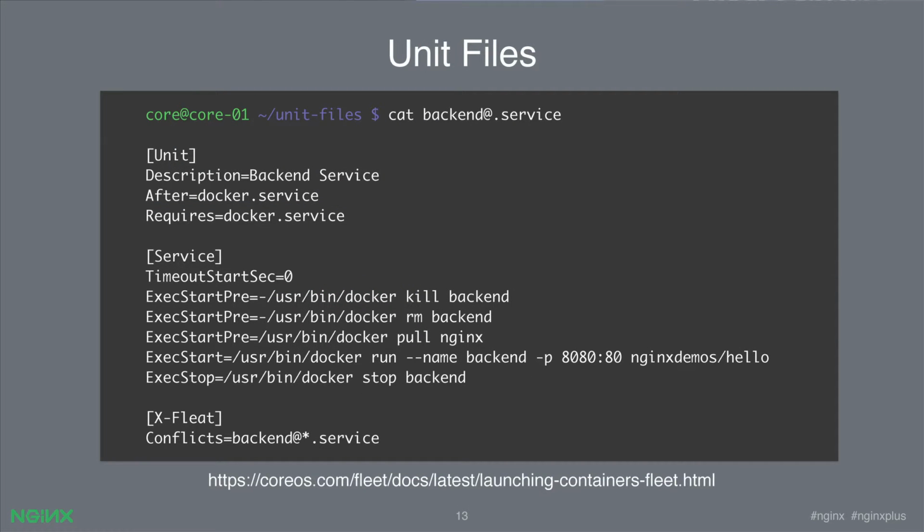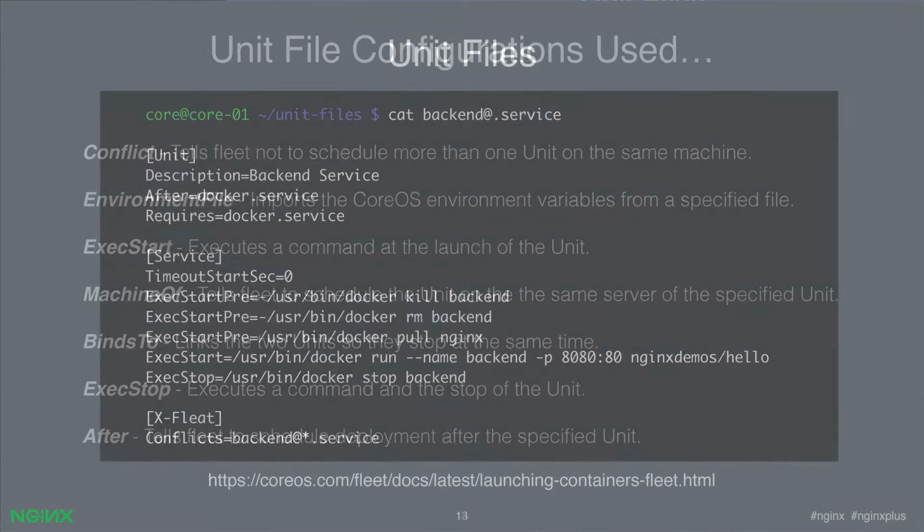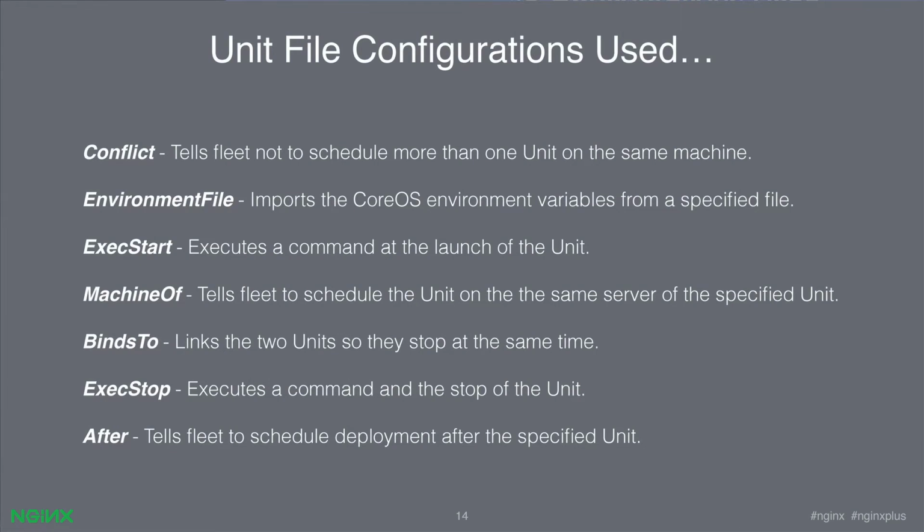So this is an example unit file of one of the services that Michael's going to go into more detail later. But it allows you to specify some specific rules and configurations for when that service starts. So these are, I guess, some of the more important configurations that we're going to be using for the demo.